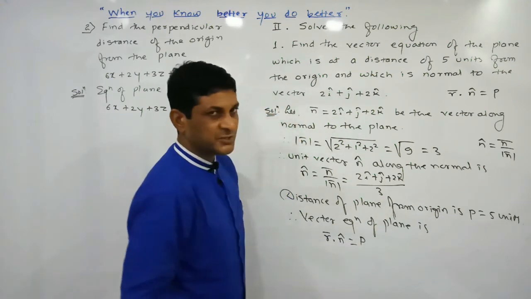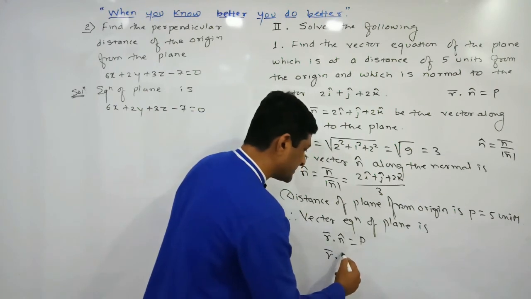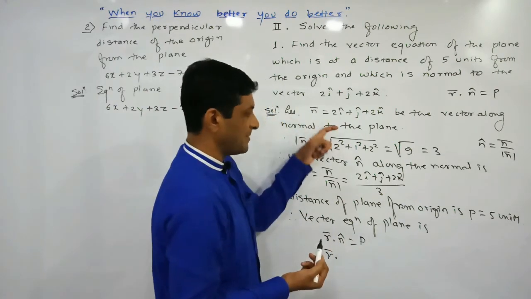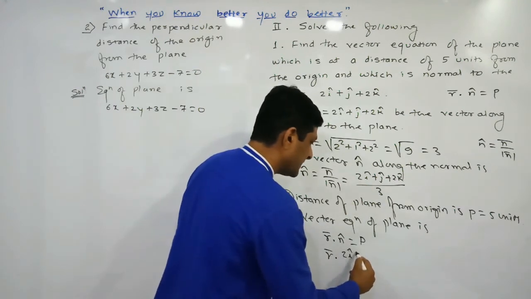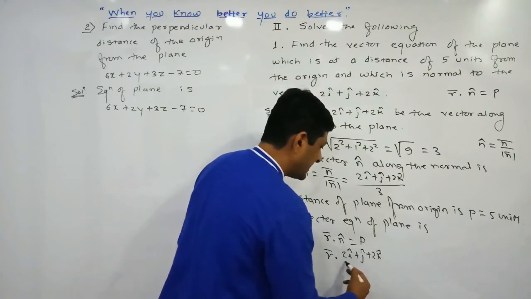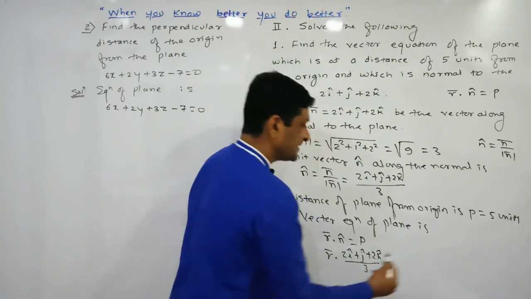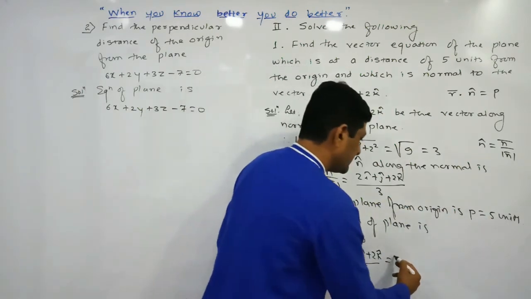Now the remaining part is just to substitute the values. Keep this r bar as it is, dot also as it is. I am substituting the value of n cap. So this is the value of n cap here, 2i cap plus j cap plus 2k cap divided by 3. And on this side substitute the value of p. p is equal to how much? 5. p is equal to 5.